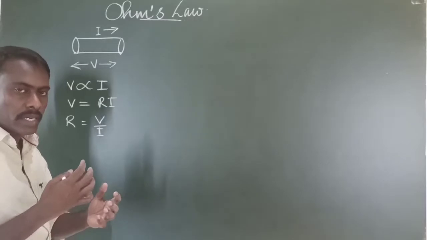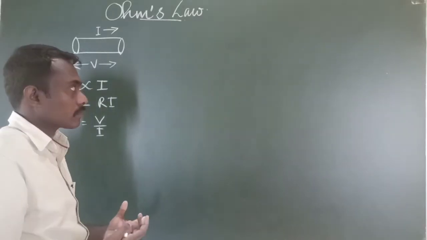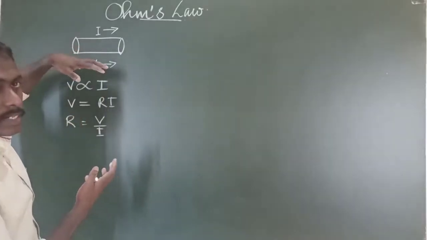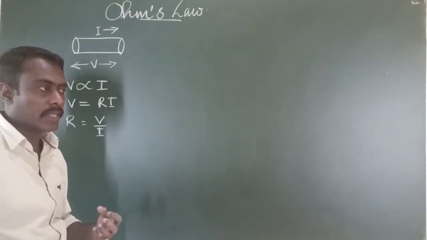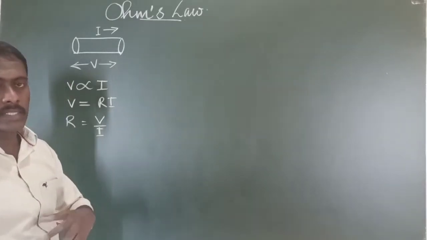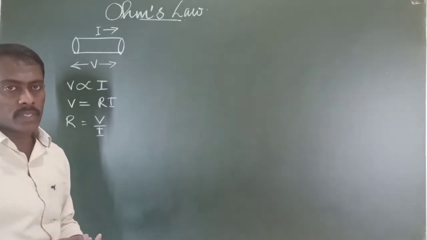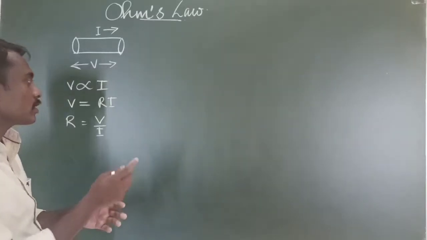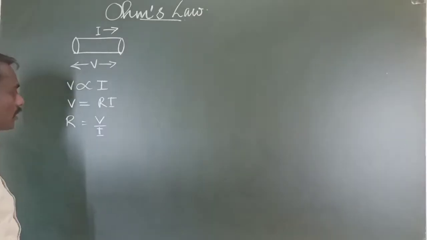They have to face a number of collisions inside the conductor with the particles present inside it, that may be the atoms of the material and other electrons. They continuously undergo collisions, and this collision opposes the flow of electric current, and that property of a metal or material is known as resistance.